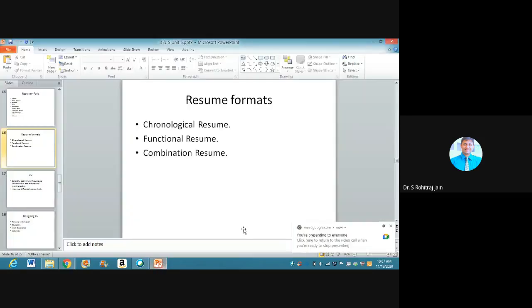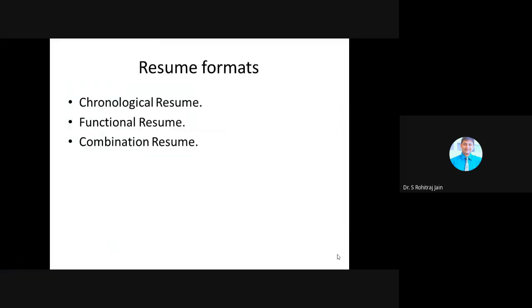Now today we will try to understand in detail the three different formats of resume. The first one is the chronological resume. See, the majority of the resumes follow the chronological format because it is the easiest type of document both to create and to read.